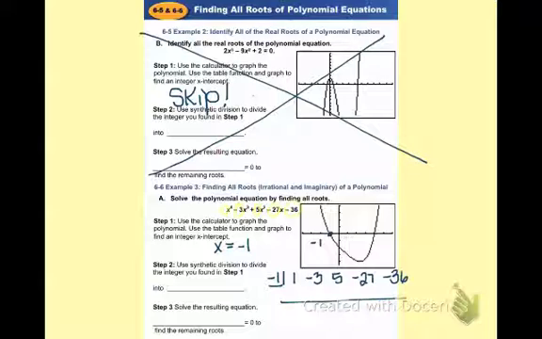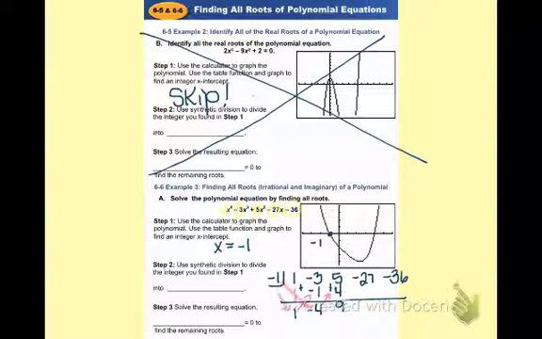And we're going to go ahead and start that synthetic process by bringing down the first term, multiplying, and putting that right into the next column. So -1 times 1 is -1. I'm going to add those together. I get -4. I'm going to multiply again. So this time -1 times -4, which is +4. Those add together to give me 9.